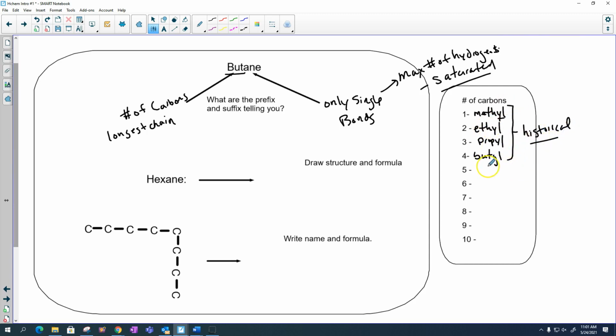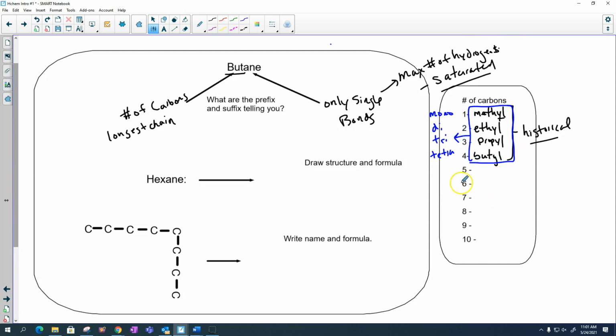But otherwise, in the rest of chemistry, we use the Latin form, which is mono, di, tri, and tetra. And only in this little brief organic section do we use these guys. Otherwise, we use entirely this guy right there.